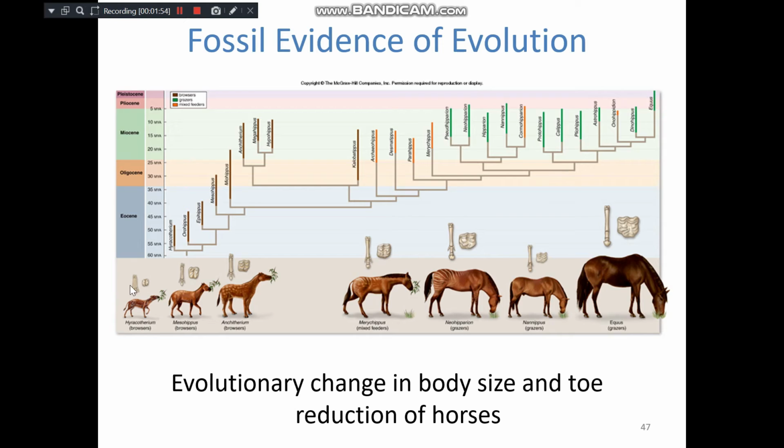There's a change in the leg, especially the forelimb structure, and all these evolutionary changes, body size, toe reduction is the main thing in the horses from Hyracotherium to the present day Equus. All fossil records are available here.